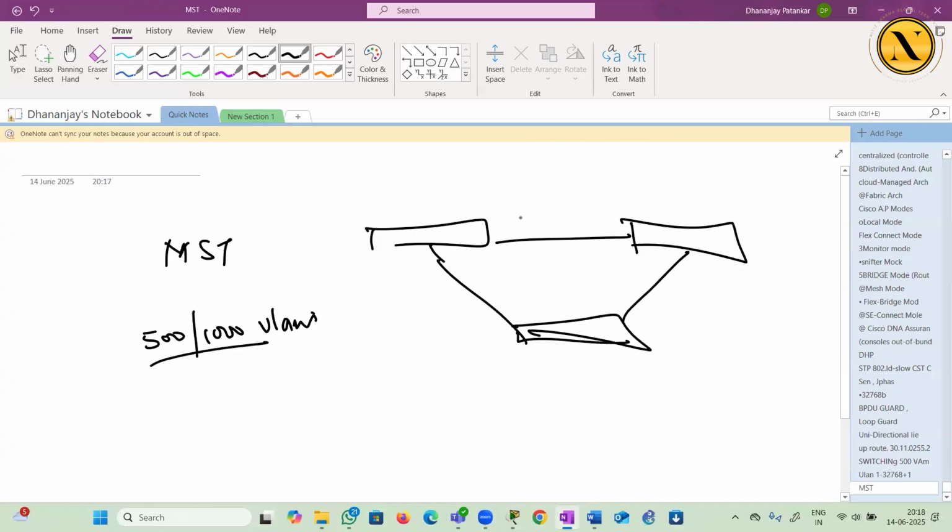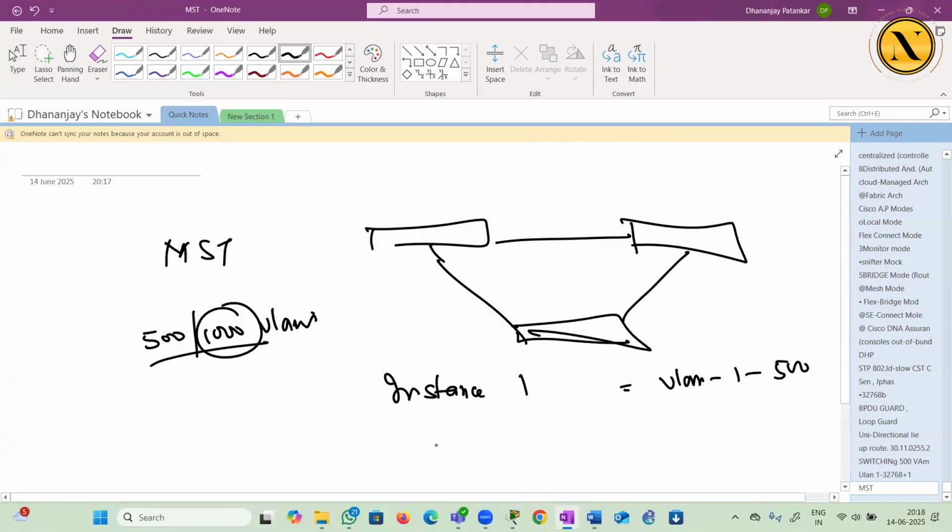But for now, let's say we've got 1,000 VLANs. What we'll do is create instance 1 and map VLAN 1 to VLAN 500 in instance 1. We'll create one more instance, instance 2, and map VLANs 501 to 1,000. Got it? Something like this.